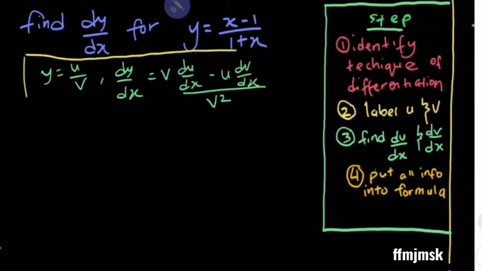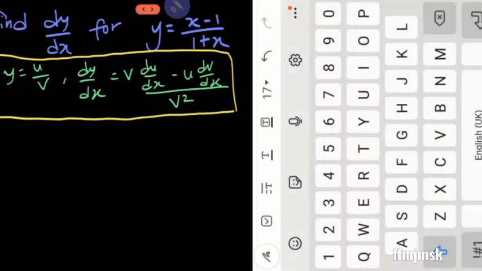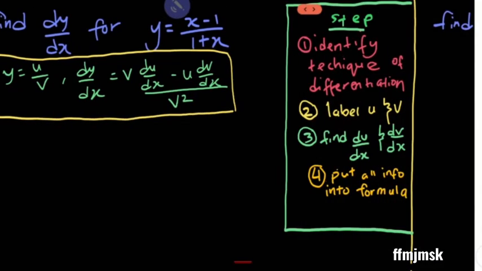So this is the formula for quotient rule.